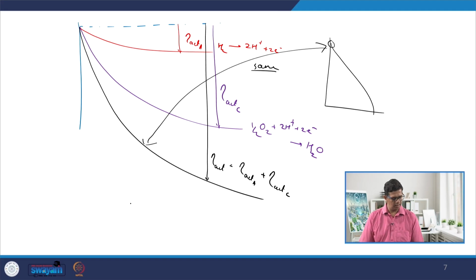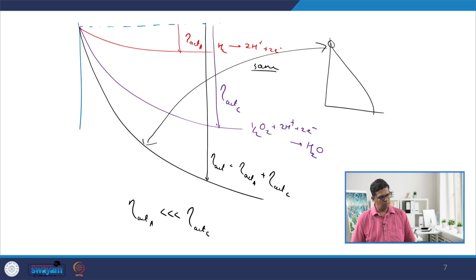And as we can see, the activation overpotential of the anode is far smaller compared to the activation overpotential of the cathodic reaction, and that is how the activation overpotential at respective electrodes is found out.